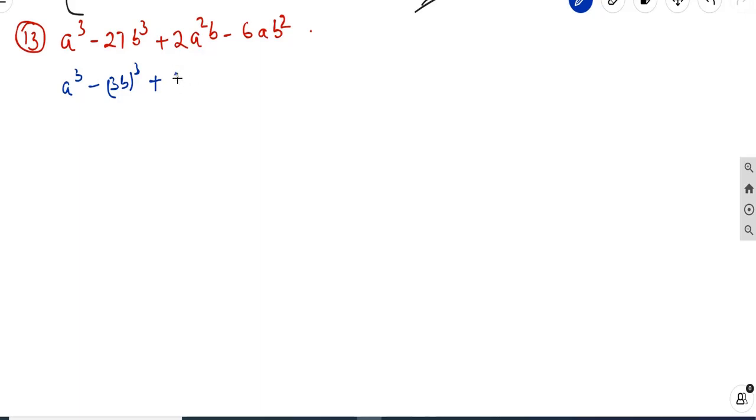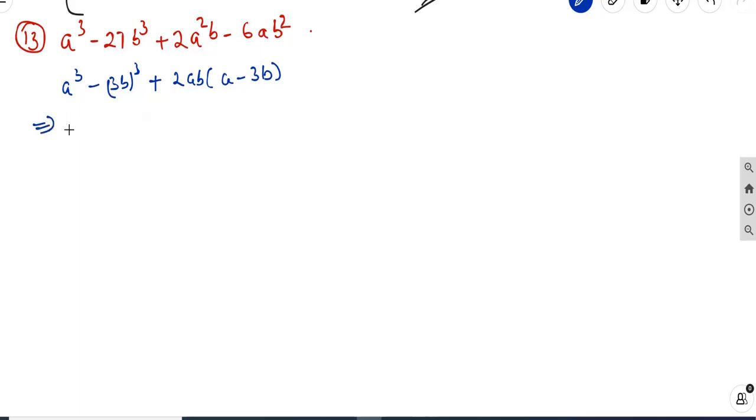Yes, I can take 2 common, a also I can take common, and b also I can take common. So this becomes a minus 3b. Okay, so this is in the form of a cube minus b cube.